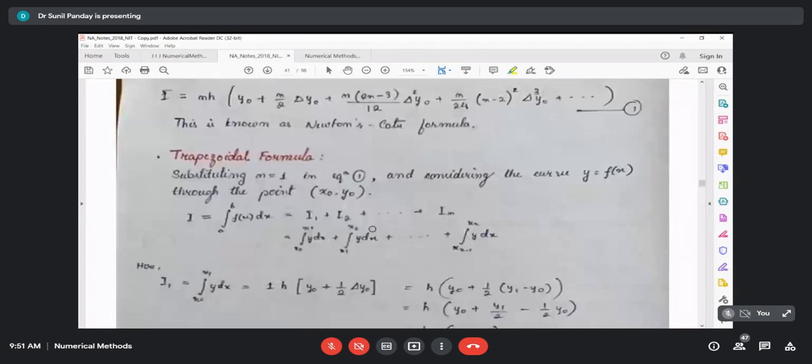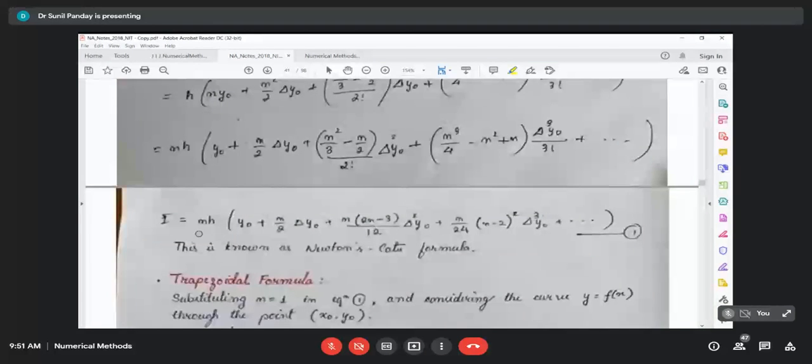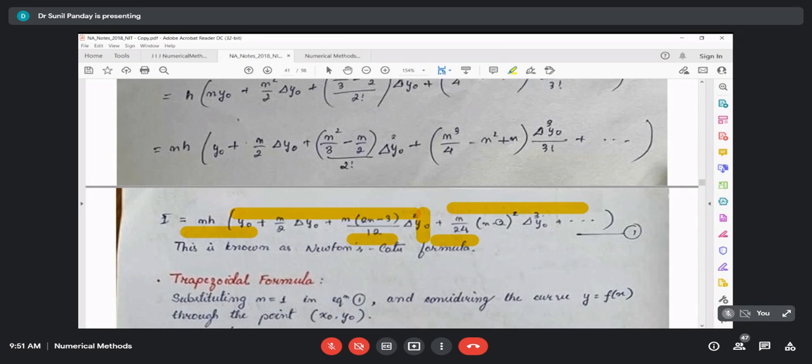In this Newton Cotes quadrature formula, because now I am taking Simpson one-third formula, I take n equals 2. We take the terms up to here, because 3 points means a second degree polynomial, so delta 2 y0 is constant and the higher terms are zeros.